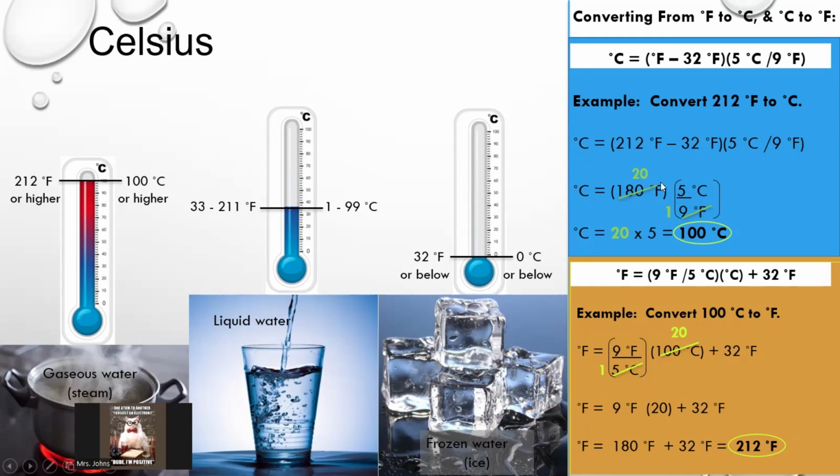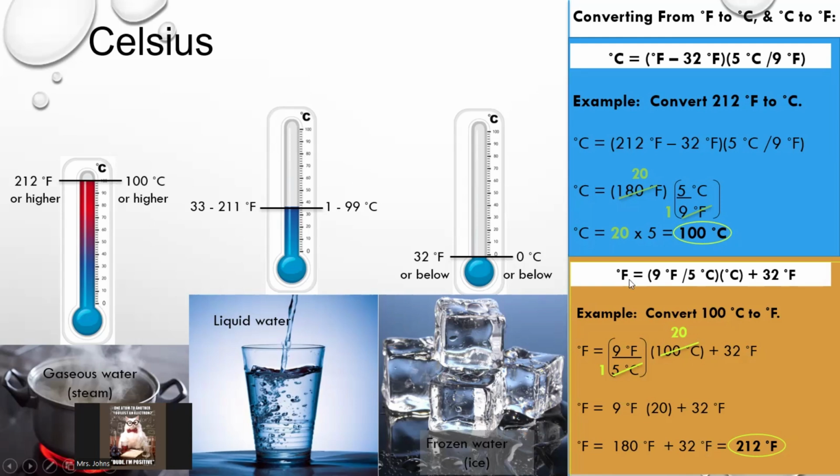Now, the 180 and the 9 can cancel out, and the degrees Fahrenheit. So 9 degrees Fahrenheit is a 1, and 180 degrees Fahrenheit divided by 9 gives us 20. So 20 times 5 is 100 degrees Celsius over 1. So the answer is 100 degrees Celsius. And we know that that's correct.